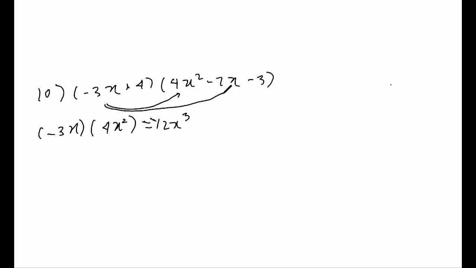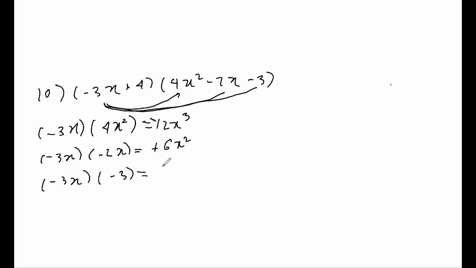We'll do the next one, negative 3x times negative 2x. And this gives us positive 6x squared. And then negative 3x times negative 3 is equal to positive 9x.